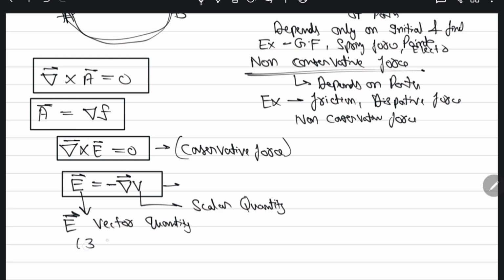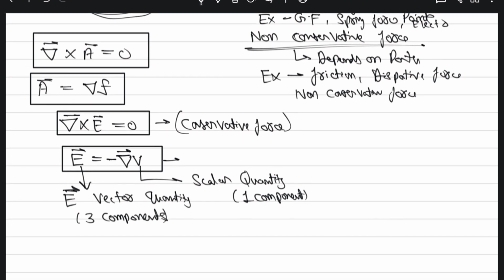The electric field is a vector quantity, so we have to find three components, but a scalar quantity has only one component. So it is more beneficial to know the potential of a system, because then you can find its electric field also. This is our basic idea.